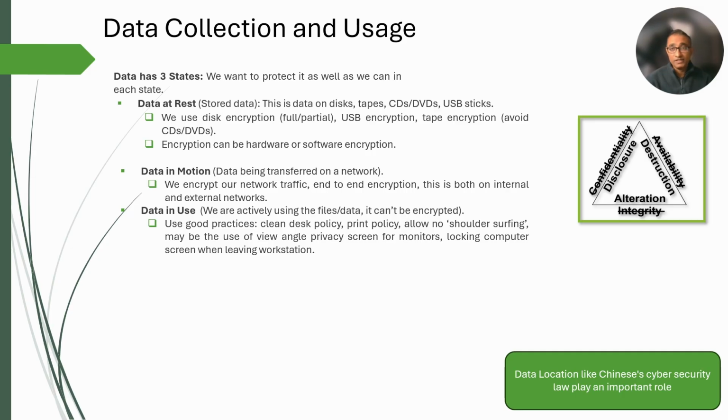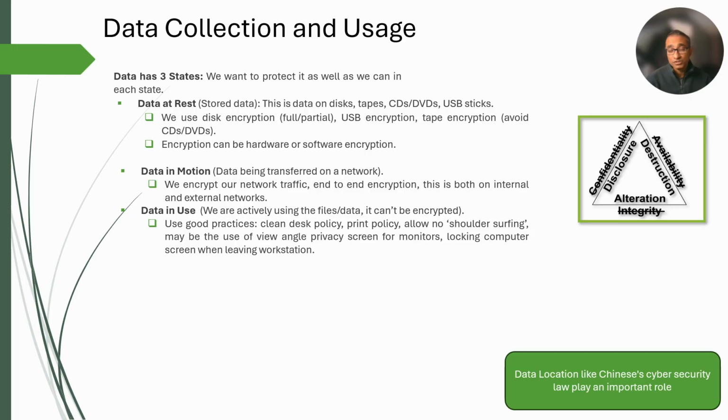And in terms of the three states, this CIA triad becomes very important because you can imagine that for data at rest, you want to still maintain the confidentiality, so that nobody gets access to it who's not supposed to. You want to maintain the availability, so that if data is required to be available, it remains available.